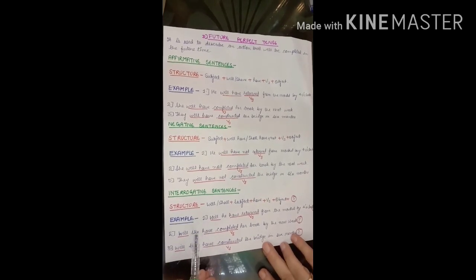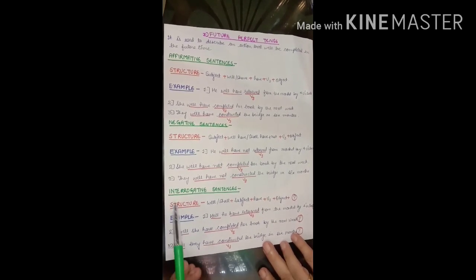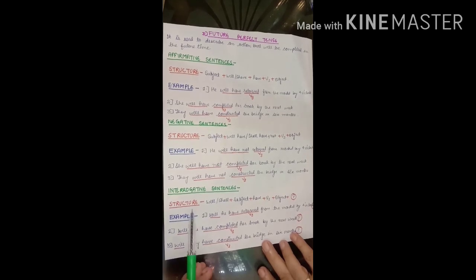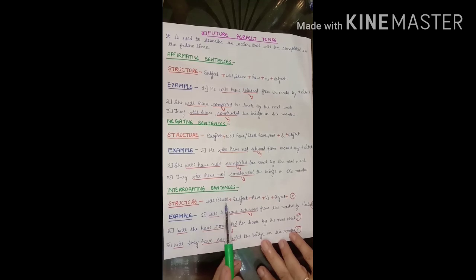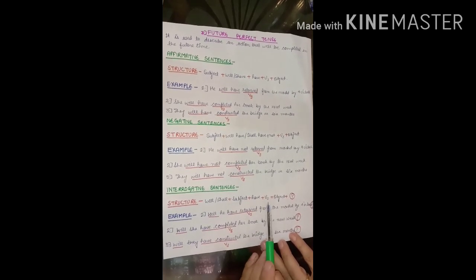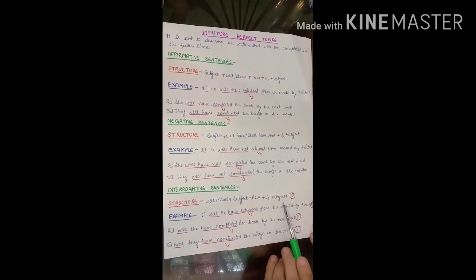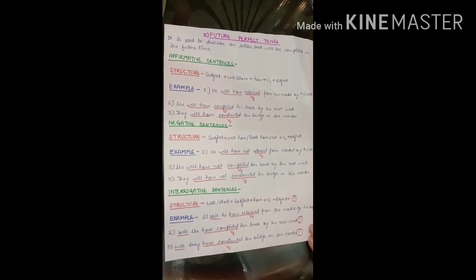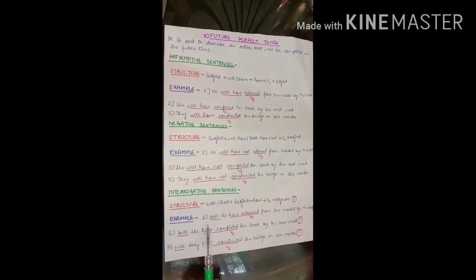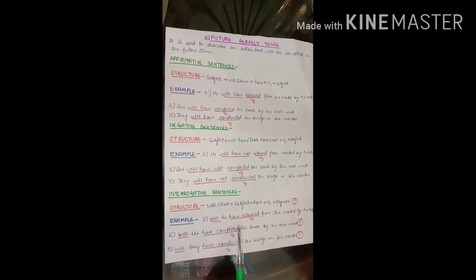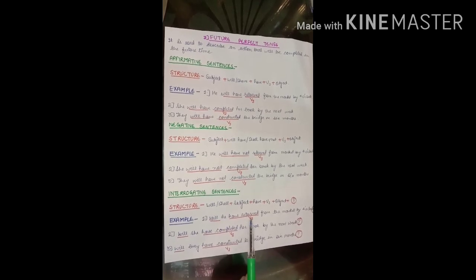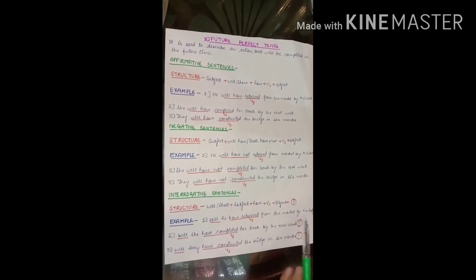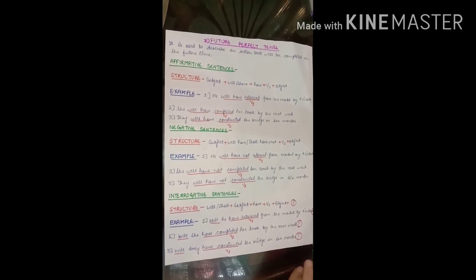Interrogative sentences. When we want to ask something, we use interrogative sentences. Future perfect tense interrogative sentences structure will be will or shall in the beginning before the subject, then have, third form of verb, object, and a question mark to make it look like an interrogative sentence. Example first: will he have returned, third form of verb, from the market by 4 o'clock, and a question mark.